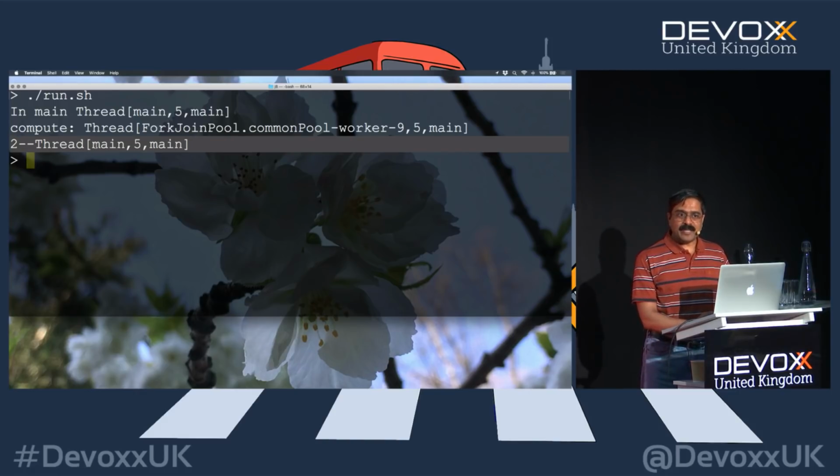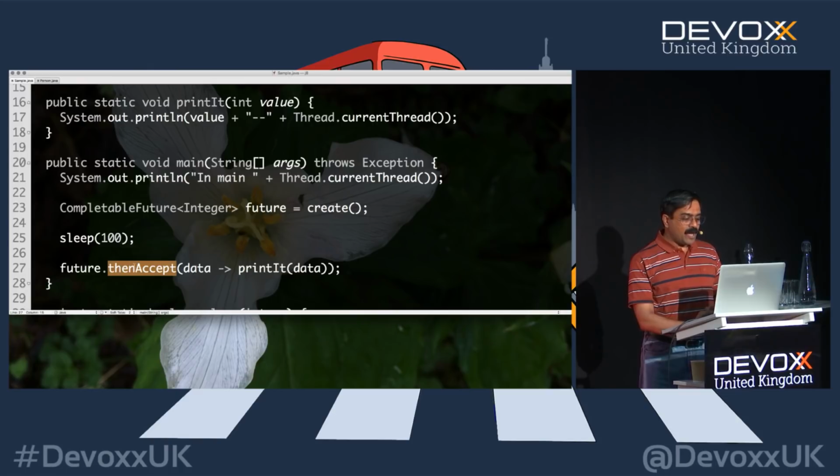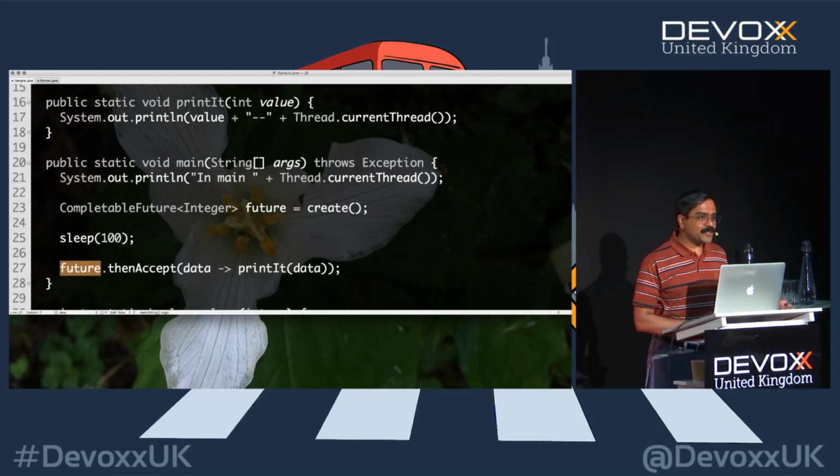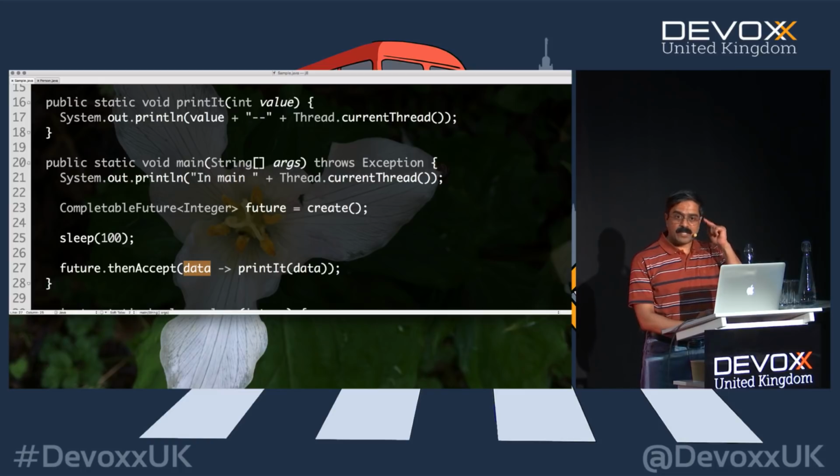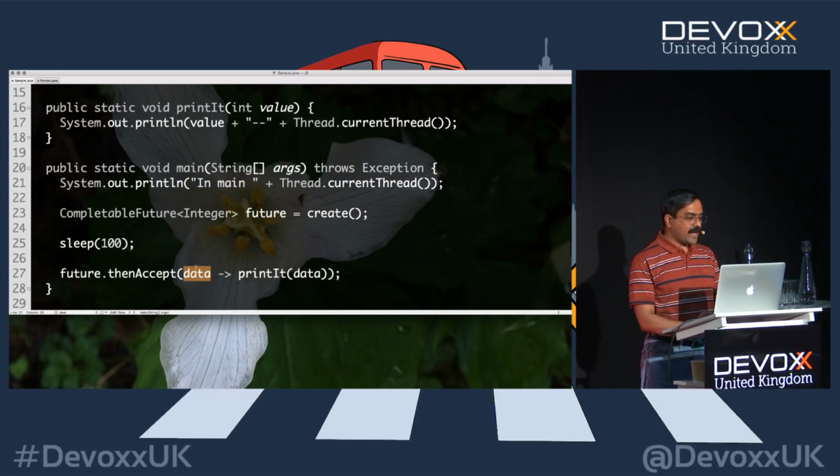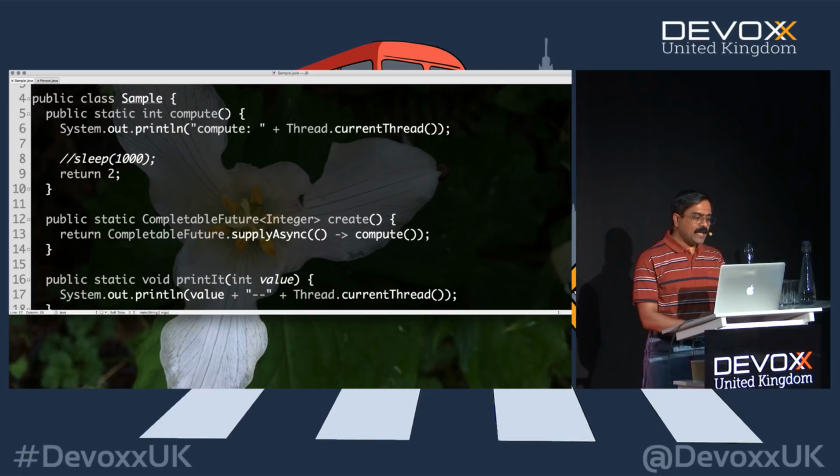And the reason the print is in the main thread is because when the main is calling thenAccept, the future has already completed, the CompletableFuture has already completed, and it doesn't have to switch to another thread unnecessarily. It immediately runs it in the main thread. On the other hand, let's go back to this code right here and introduce 1,000. Now, a sleep of 1,000.